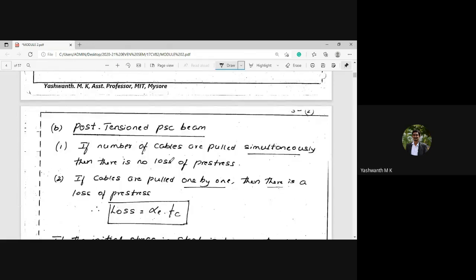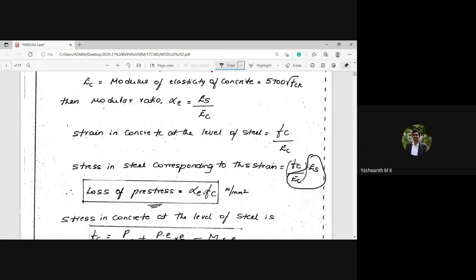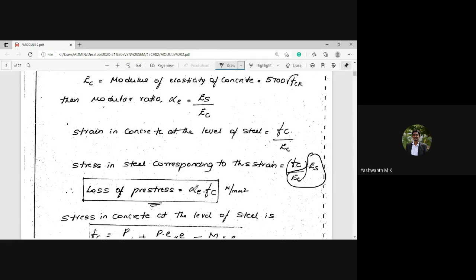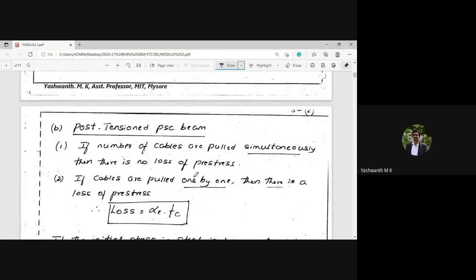Next, let me go with the post-tension, because here the two systems will differ. If a number of cables are pulled simultaneously, then there will be no losses, as I stated. So the loss of pre-stress will become zero when all the cables are pulled together in the case of a post-tension PSC beam.